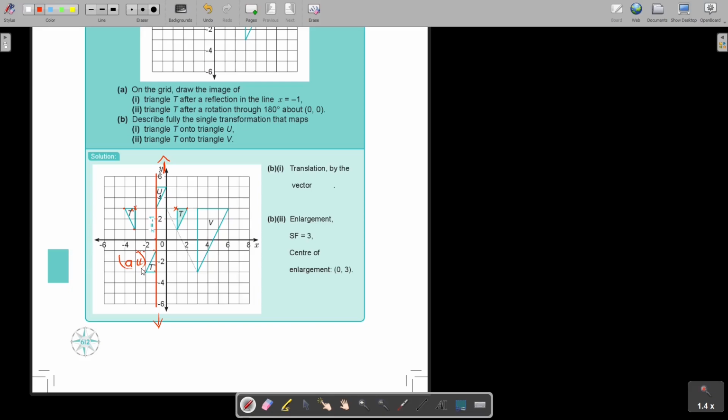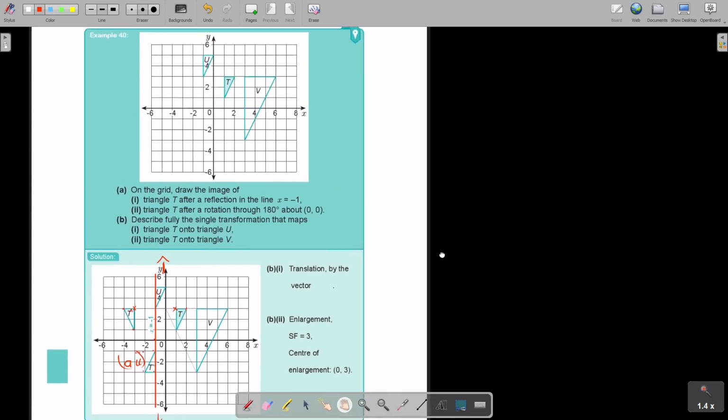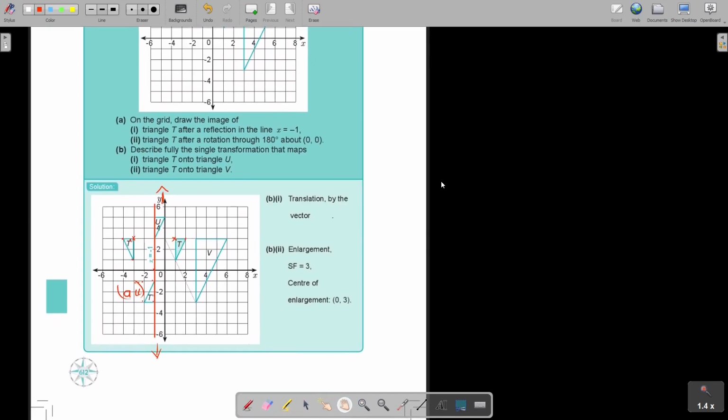And then they say, describe fully the single transformation that maps triangle T onto triangle U. Let's just see which one was U. Oh, there is U. Do you see there? Now, if I look at it, there's T, there's U. It didn't reflect, it didn't rotate, it didn't become bigger. It just moved to the left and up, without turning.